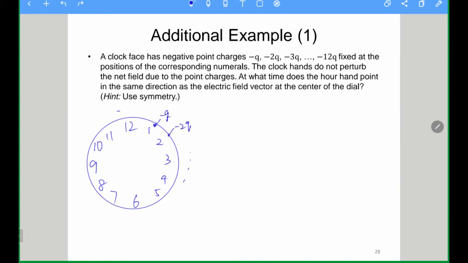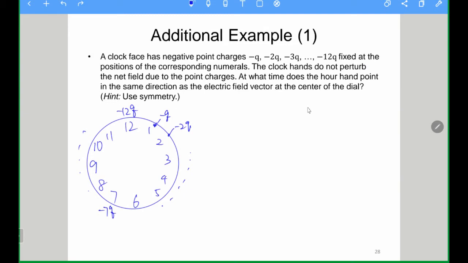Up to here we have negative 12Q, and here we have negative 7Q. It asks at what time the hour hand points in the same direction as the electric field vector at the center of the clock face.